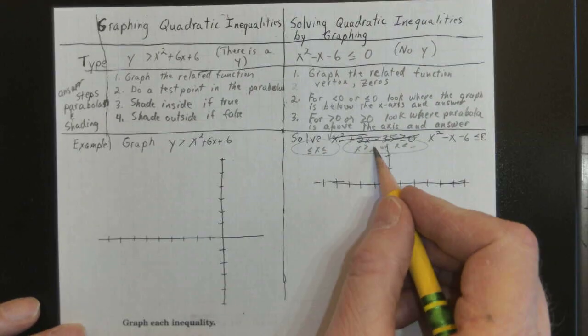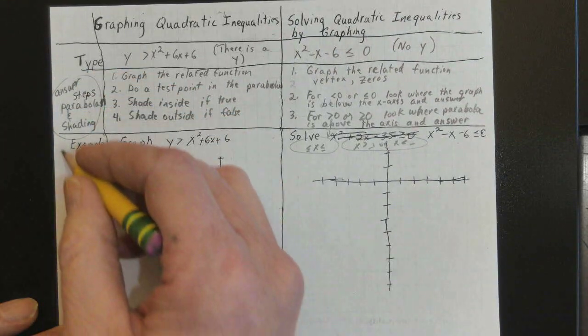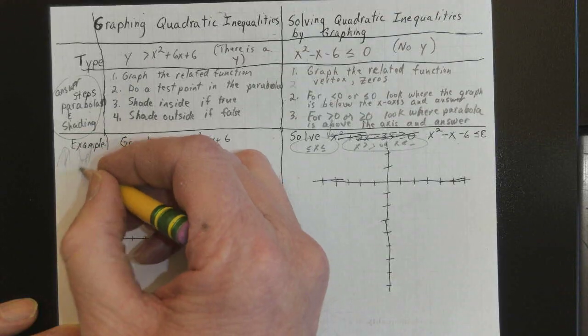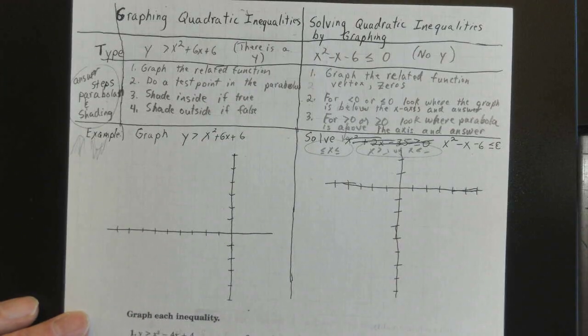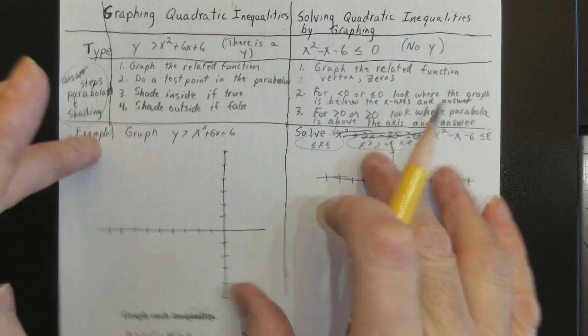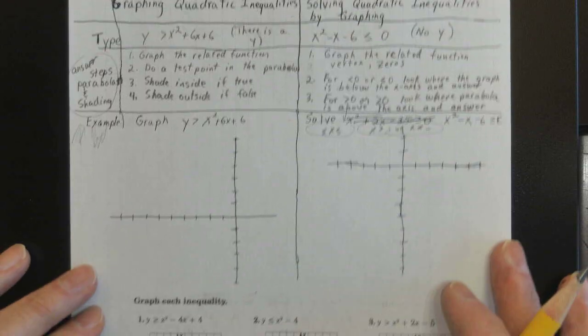That's what your answers would look like for this question. This one, it would be a parabola and then shading. Okay? Just note what we're looking for on these.